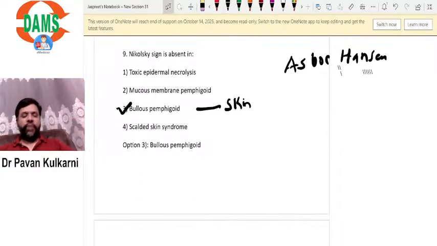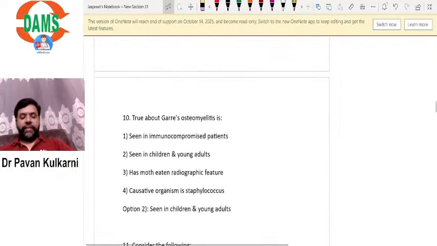If there is a blister and you apply pressure on the center of the blister, it will expand or spread equally in all directions. That is called blister spread sign or Asboe-Hansen sign. It is again a feature of these skin diseases, particularly pemphigus. So that is about the Nikolsky sign.